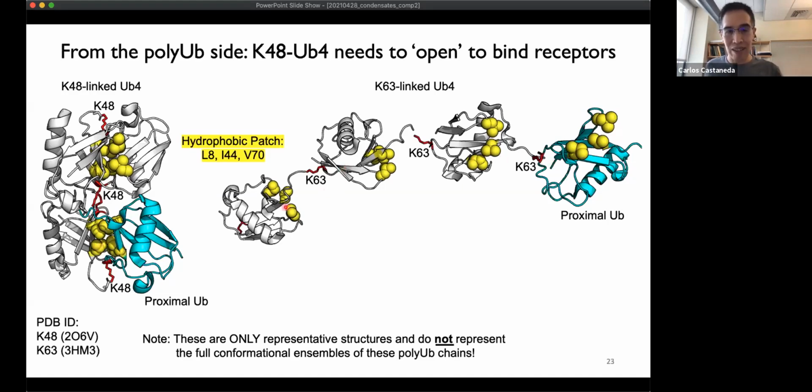Not so for K63, whereby these hydrophobic patches are already exposed, right? So what we think needs to happen is, in order for K48 tetraubiquitin to interact with something, it needs to open a little bit so that this patch can bind to a receptor protein. In this case, for instance, the ubiquitin binding domain of ubiquilin.